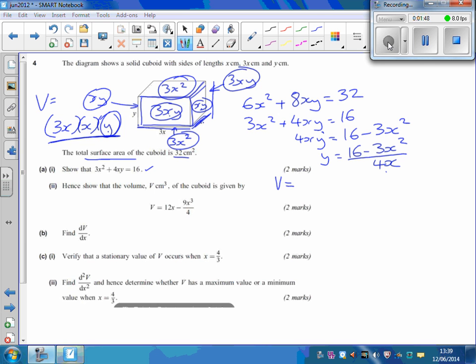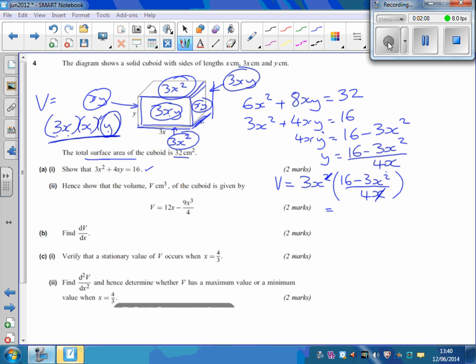So v equals, well, 3 times x is 3x squared times this thing that we've got here. We don't even need to do much multiplying out here, do we? Look, because that x can cancel with the squared.